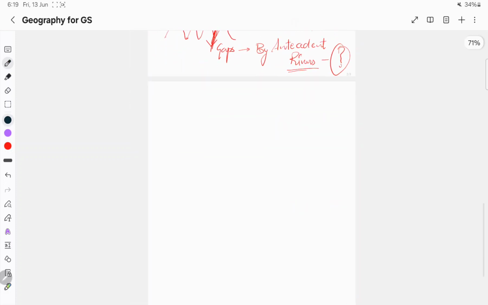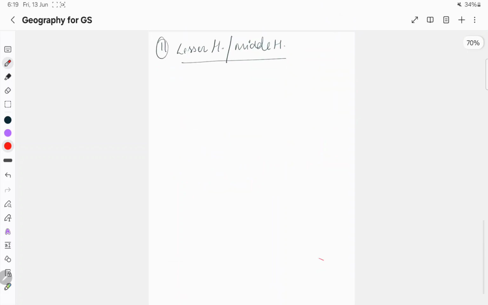Moving forward, we have the Lesser Himalayas or Middle Himalayas. The Lesser or Middle Himalayas are just below the Greater Himalayas. Let me draw a map.